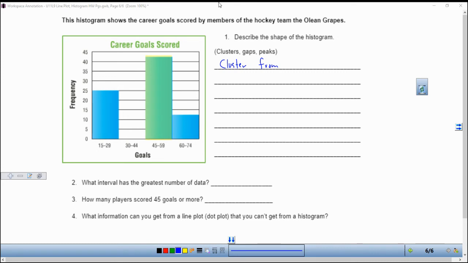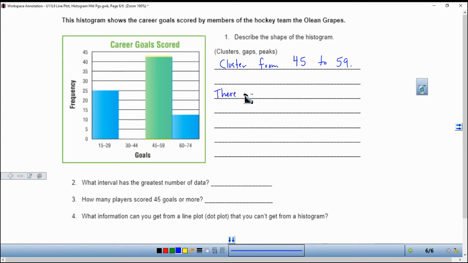Okay, I'm back. All right, so there's a cluster from 45 to 59. That's where there's a lot of data in a small space. Oh, there's a gap here.